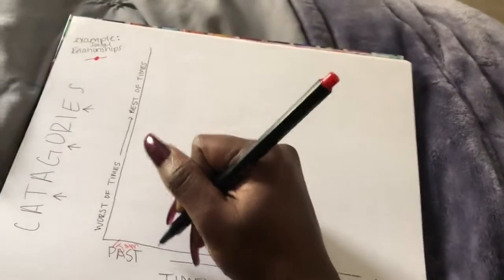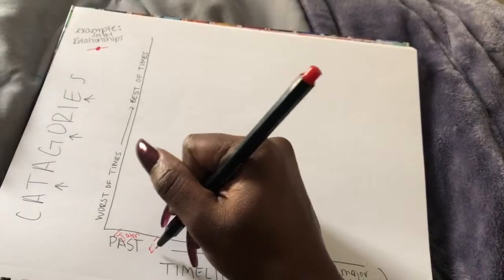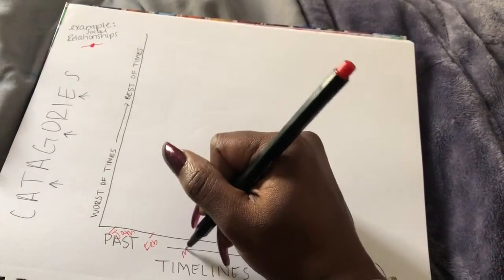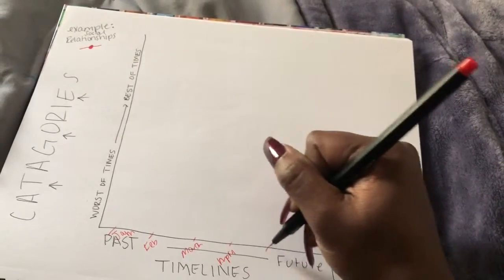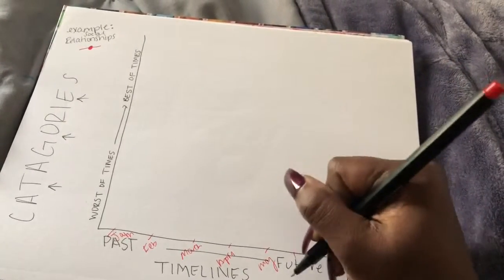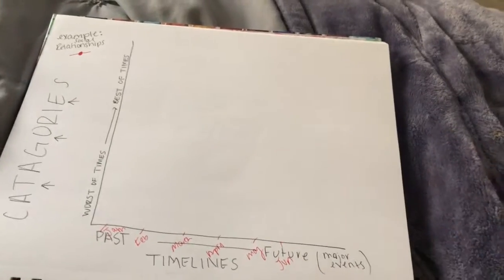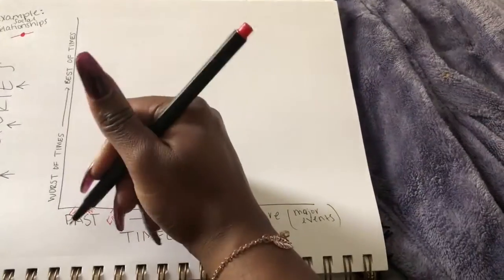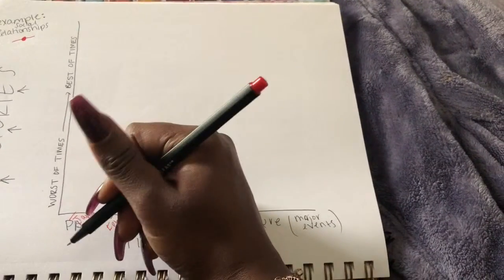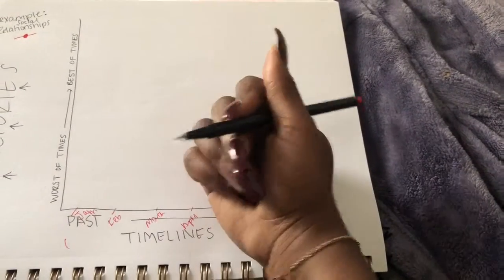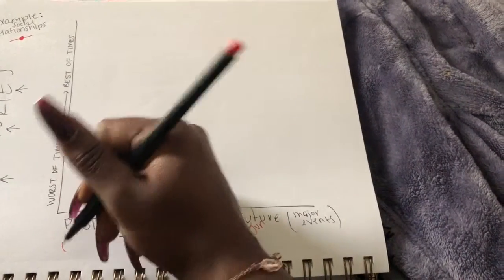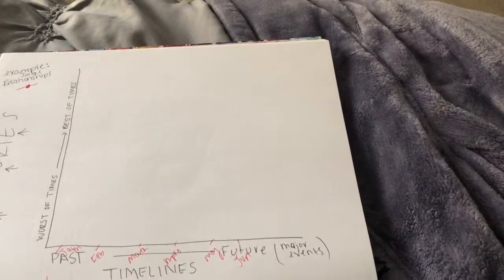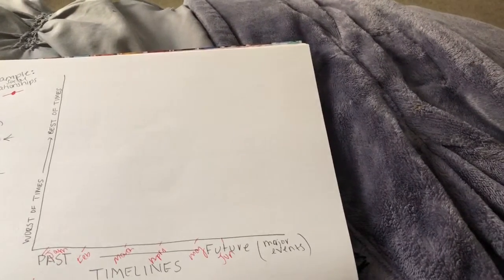But let's say you say January. Sorry, I'm writing weird. February, March, April, May, June, like that. You just keep going. I know it looks raggedy, but I'm making stuff up. What you're trying to do is remember something about that time.